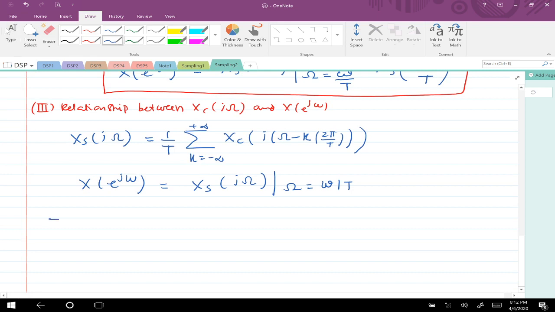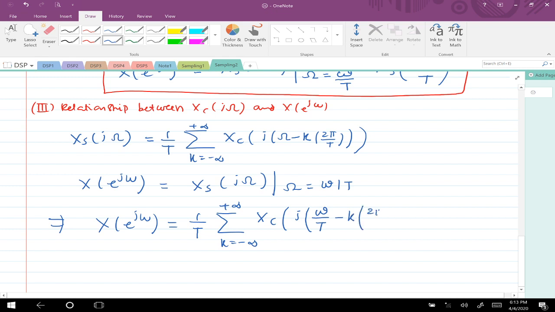So that implies you could now establish the relationship: x of e power j omega is nothing but 1 by t times the sum over k from minus infinity to plus infinity of xc of j times, in place of omega you have now omega by t minus k times 2 pi by t.